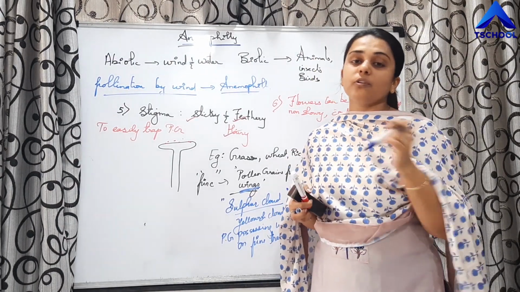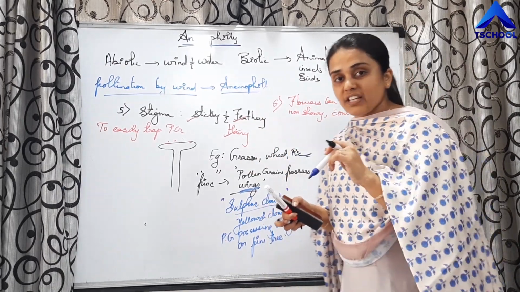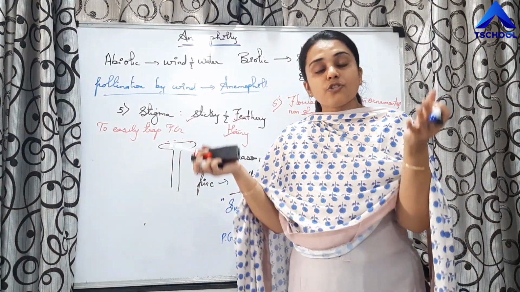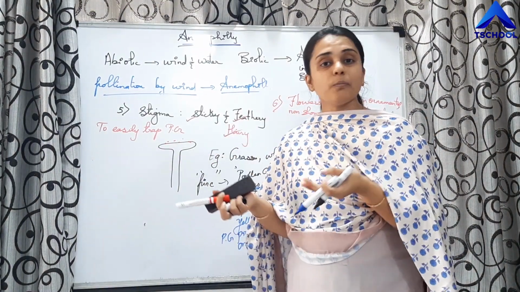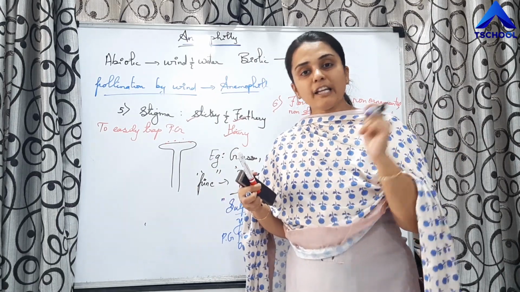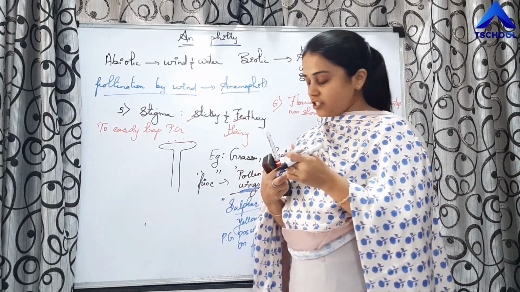Pollen grains are produced in a huge amount, because many are wasted. Should the flowers be ornamental or showy, or attract birds or insects? No, because pollination is done by wind. The flowers are non-ornamental and do not possess nectar glands.